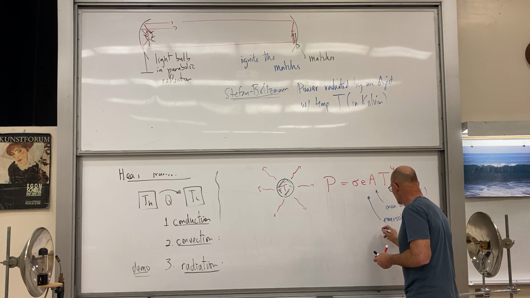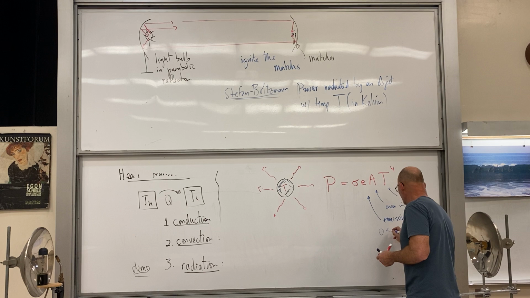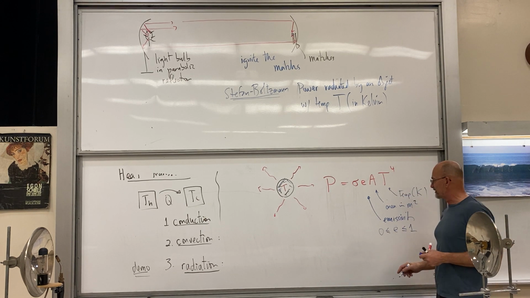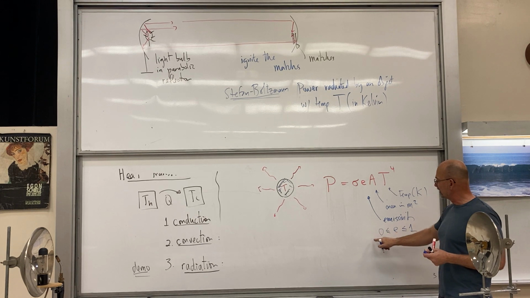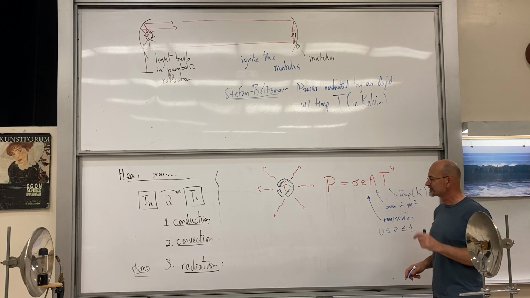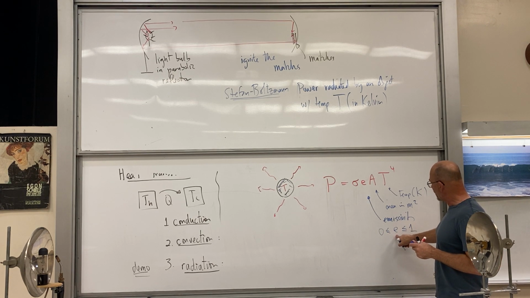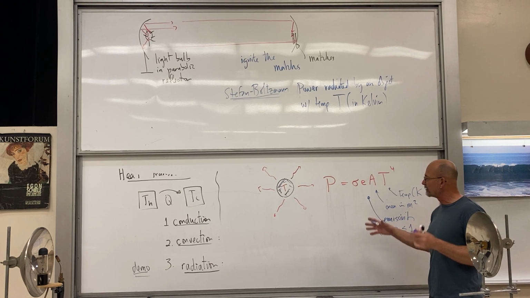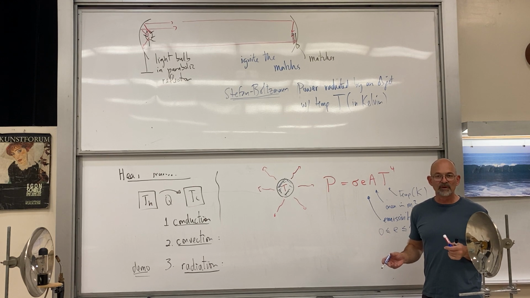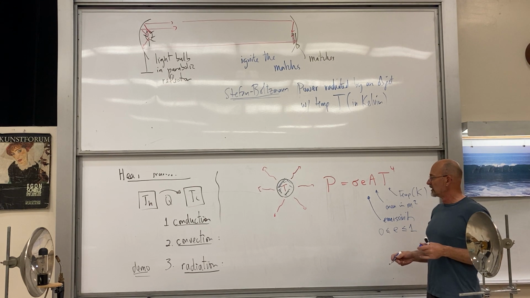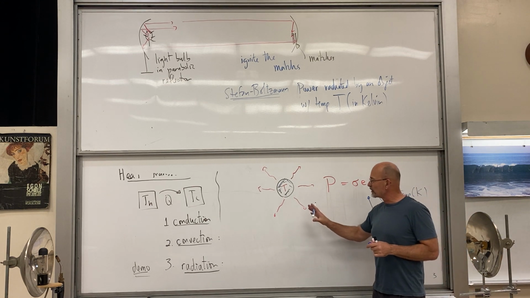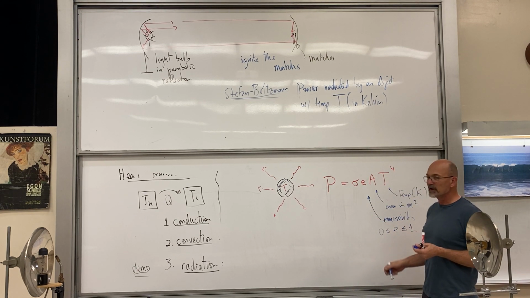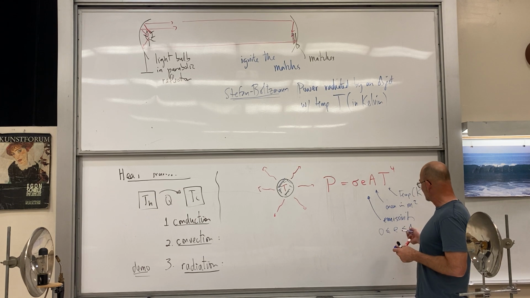We could say 0 is less than or equal to E, which is less than or equal to 1. Of course, that looks kind of like a fudge factor, because it could be any number between 0 and 1. However, a perfect emitter is equal to 1, and a perfect reflector is equal to 0. So typically on any problems we solve using this law, unless they give us a different number, we're just going to call it 1. Okay, so that's no problem at all.